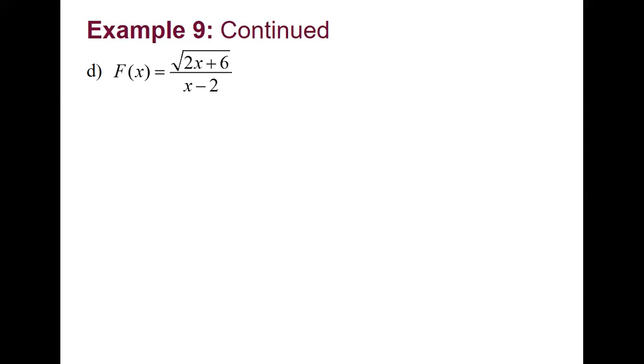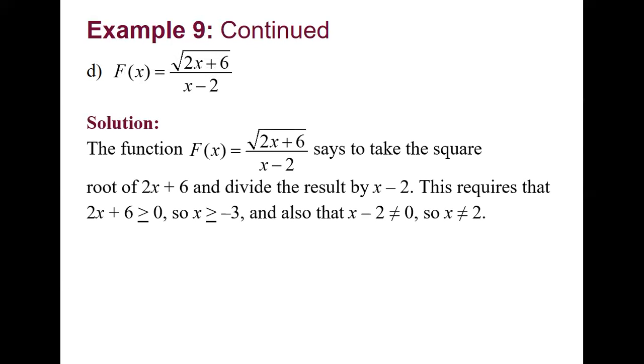So we know that there's going to be a restriction, okay? There's also another restriction because there is a square root, right? So this function not only has one restriction, but 2, okay? So for the first one, the 2x plus 6 has to be greater than or equal to 0, right?